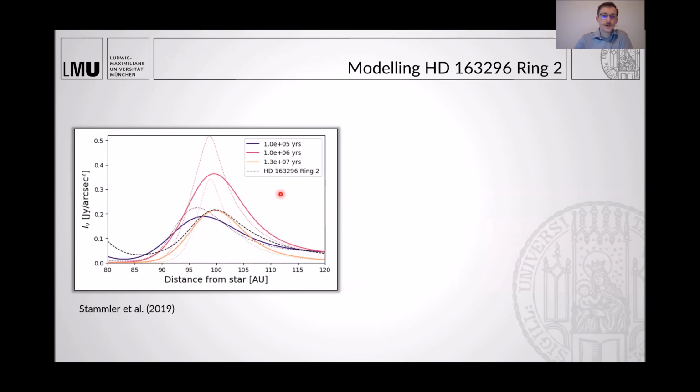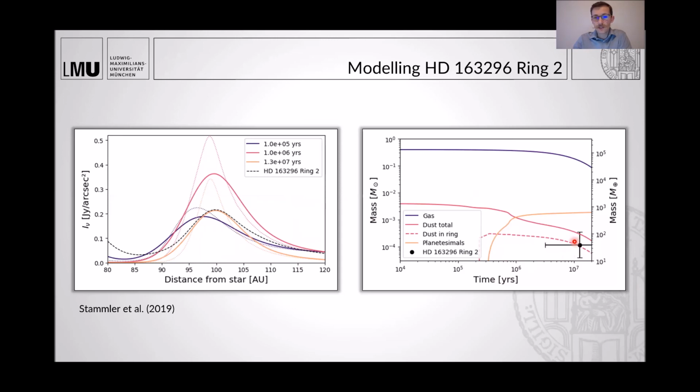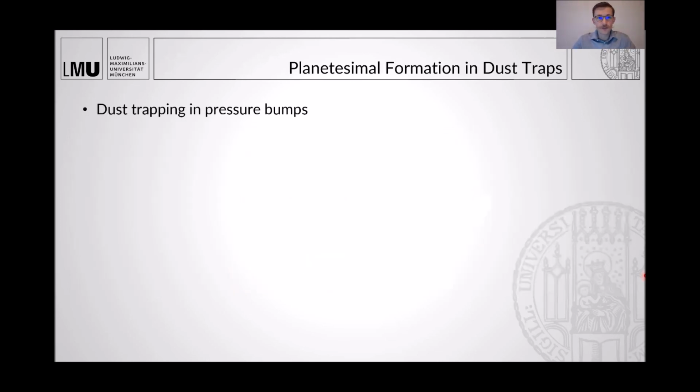So the yellow line matches the observation, and also the dust ring mass that we have in the end is in good agreement with what Case found in his paper. So to summarize, we put in our dust simulation a dust trap by just having basically a pressure bump in the outer edge of a gap.